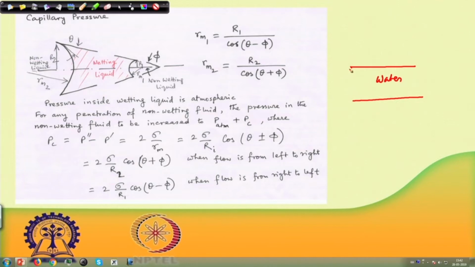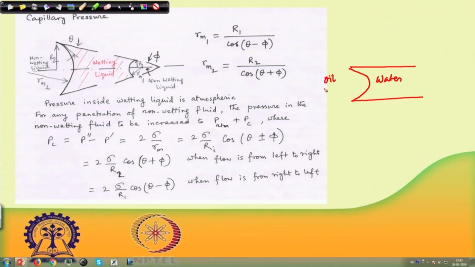Here in this case the substrate is made of glass, let us say, and water makes a contact angle which is less than 90 degree. So naturally this water will make a meniscus like this, and outside there is oil. Now if oil has to penetrate into this pore, had it been water inside and water outside, the moment there is a pressure gradient, we expect a flow will take place. Even a minuscule pressure gradient would cause flow.